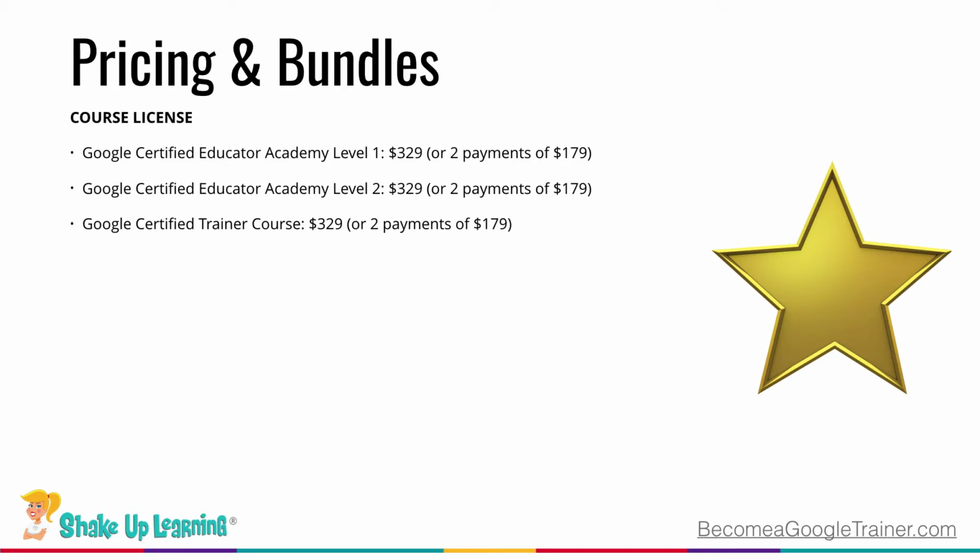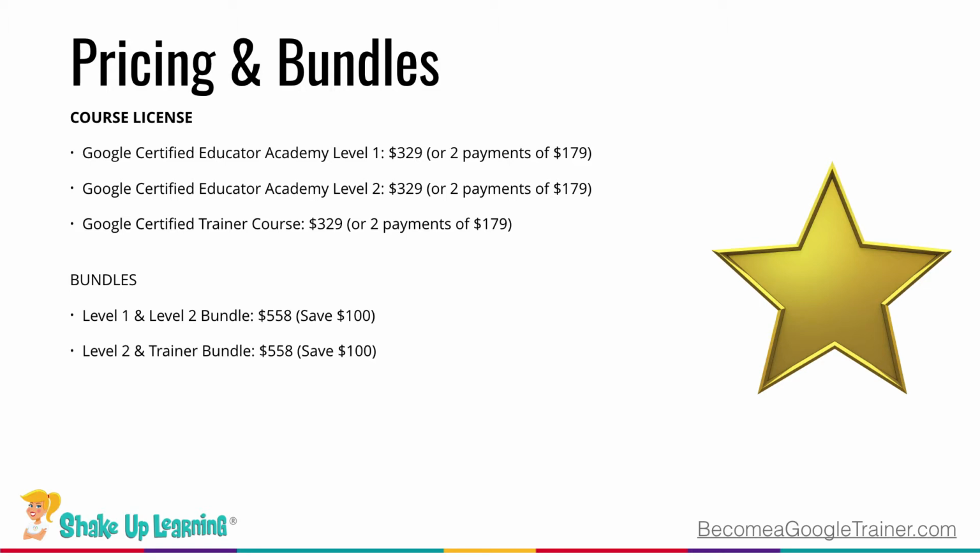But if you are contemplating that you still need Level 1 or Level 2, then you may want to look at these bundling options to save a lot of money. So you can get Level 1 and Level 2 for $558, or Level 2 and Trainer for $558, or you can get all 3 for $737 and save $250. So that's quite a bargain right there. You could pay a whole lot of money for attending boot camps and things like that.